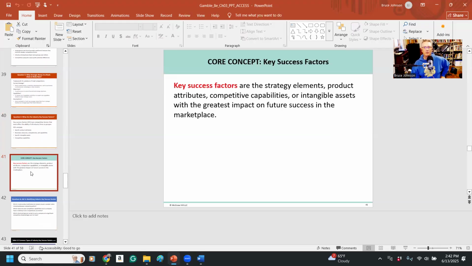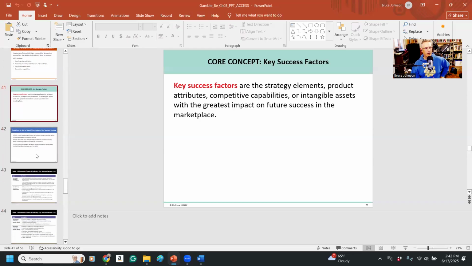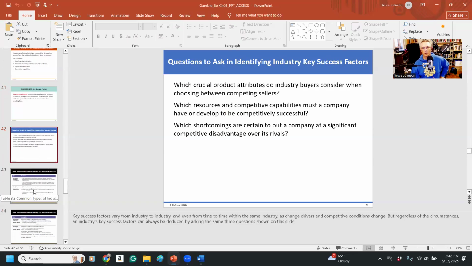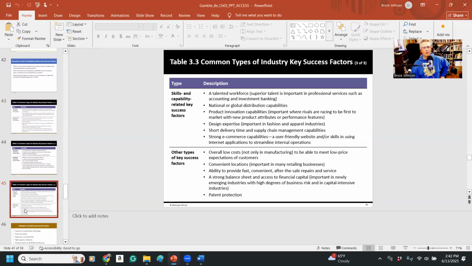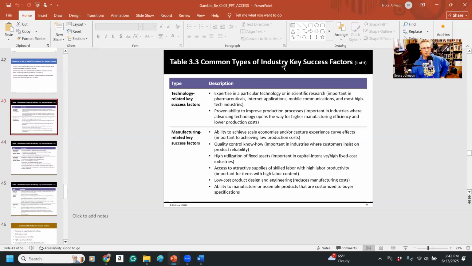They are related though. How do we tell if we're doing what we want to do? What factors are involved in trying to accomplish that? And these are just examples of key success factors defined in a number of different categories.